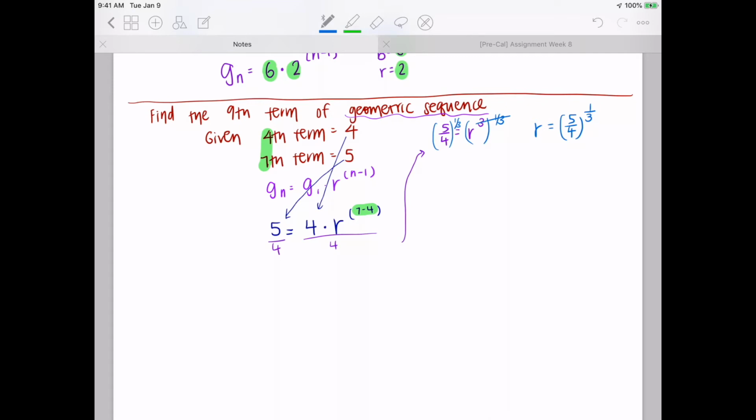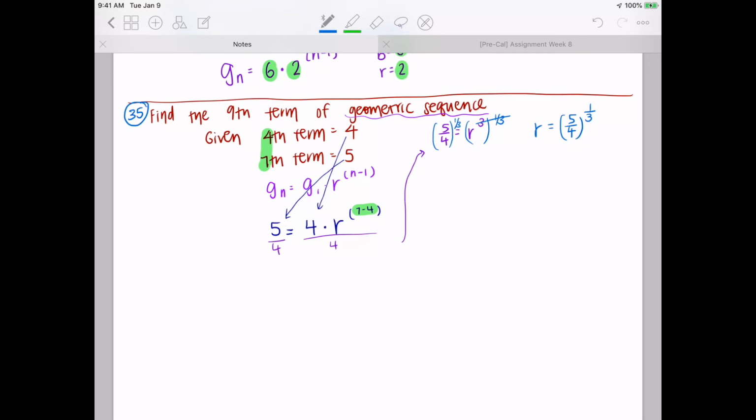Okay, this is one of those challenging questions. I think this is question number 35 from the exercise problems. Last step, we've got to figure out the ninth term.